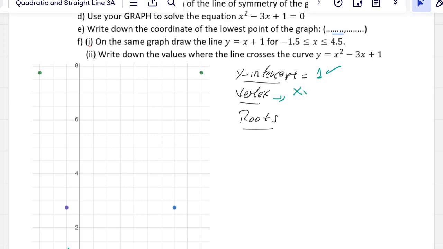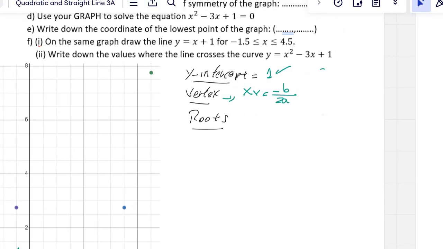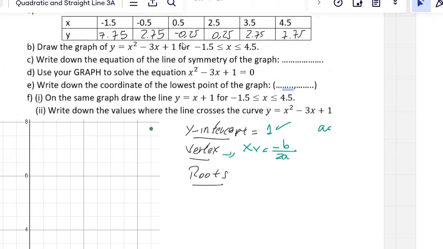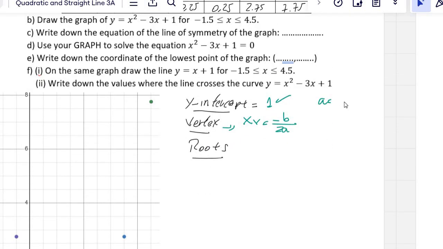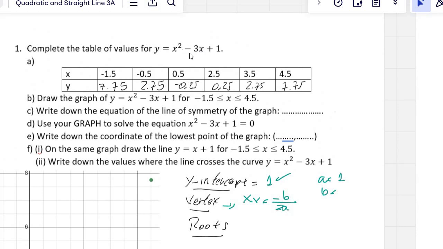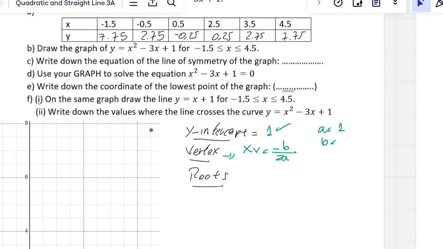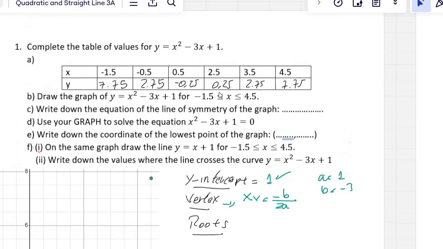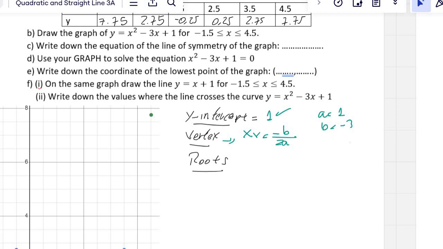First, we can find the x vertex using the formula minus b divided by 2a, where a is the principal coefficient, which is 1. b is the number with the x, minus 3 in this case, and c is 1.